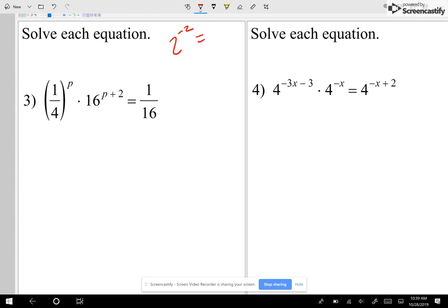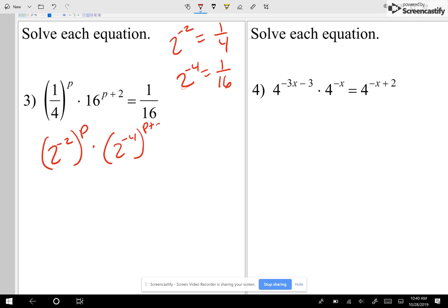2 to the negative 2 is 1/4. However, 2 to the negative 4th is 1 over 16th. Let me rewrite everything in terms of the same base. I have 2 to the negative 2 to the p is equal to 2 to the negative 4 to the p plus 2, and this is equal to 2 to the negative 4.